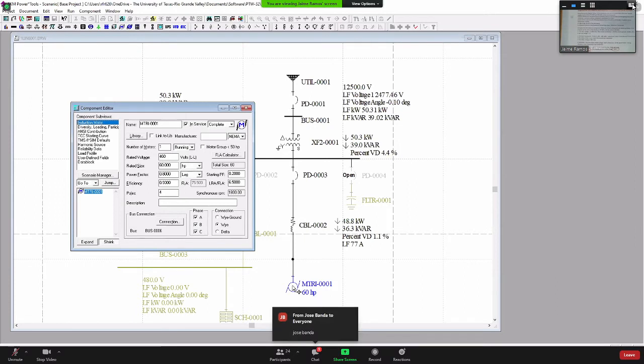The starting power factor, efficiency 93%, LRA over FLA 6.5. So these A's are amperes, okay? So these are currents, the ratio of the locked rotor to the full load current.